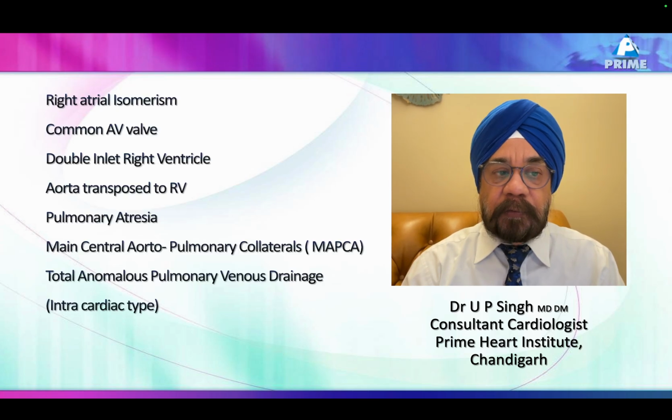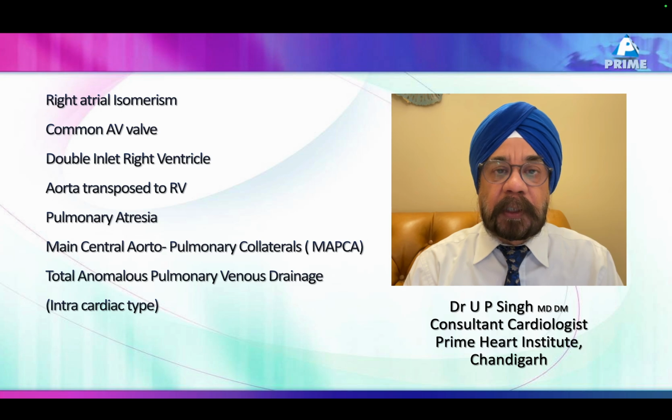So today I showed you, stepwise, a case which had multiple findings, and the reason was a right isomerism, which leads to complex congenital malformations. There was a common AV valve. Then there was a double inlet right ventricle, and the left ventricle was hypoplastic. So this was a single ventricle of RV morphology.